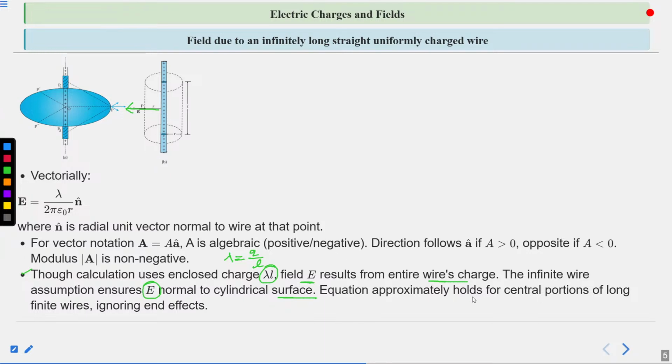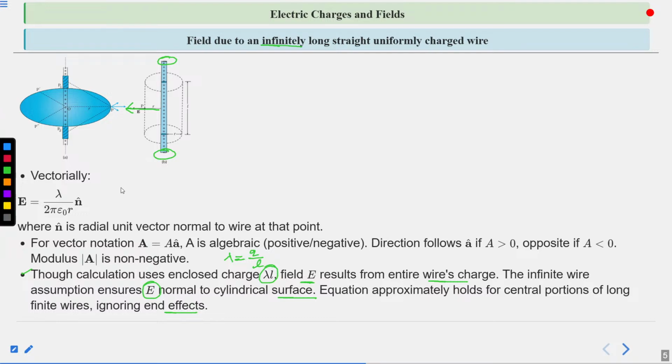The equation approximately holds for central points of long finite wires, ignoring end effects. Due to the ends, suppose this end and this end, the electric field there is neglected because the wire is infinitely long, as given in the topic, an infinitely long straight wire. Clear?